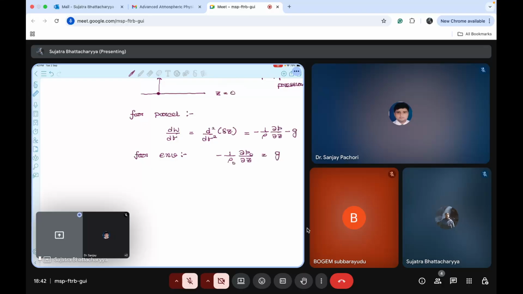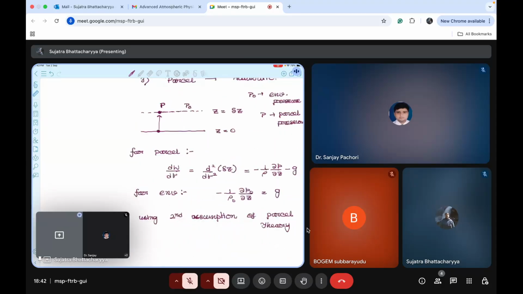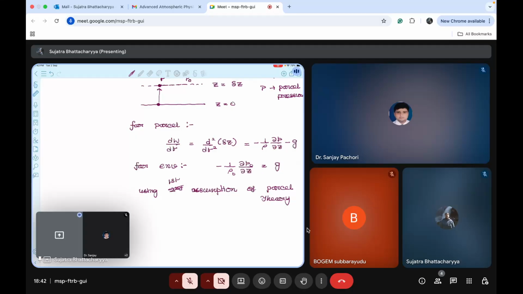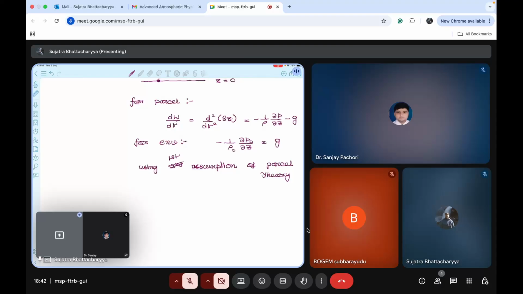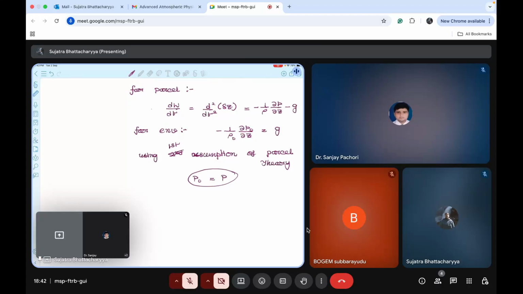Now, using the first assumption of the parcel theory, that at any height the pressure of the parcel is equal to the pressure of the environment, P naught must be equal to P. Suppose this is equation 2, and the previous one is equation 1.